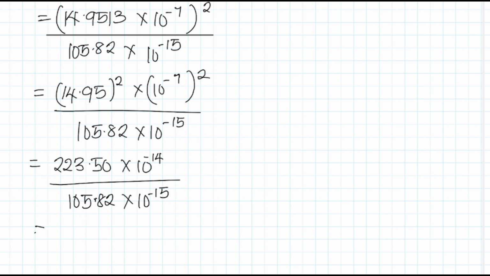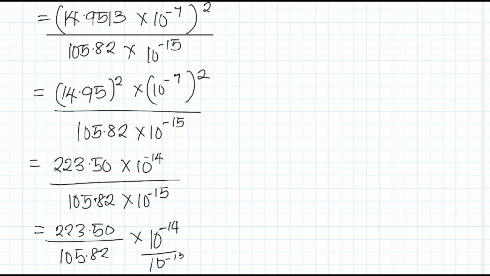So we can now collect like terms as usual. 223.50 all over 105.82 times 10 raised to power minus 14, all over 10 raised to power minus 15. So that is what we are going to have. And then if we simplify very well, we have 223.50 divided by 105.82, and that will give us 2.11.